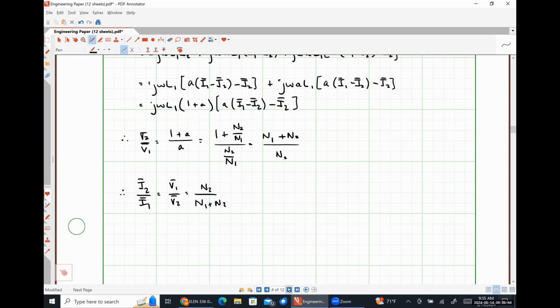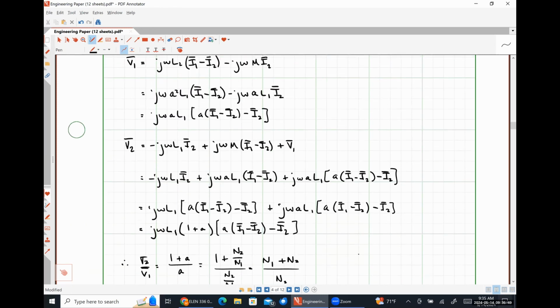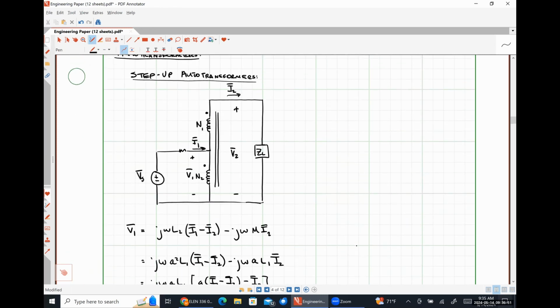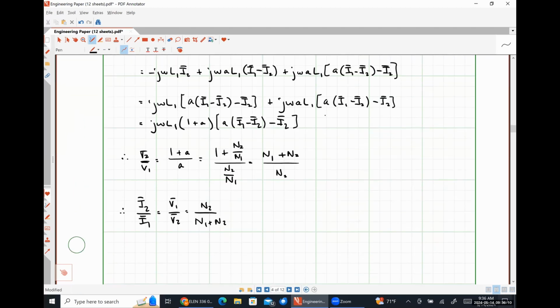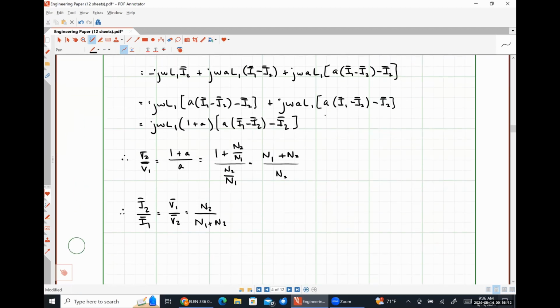Now let's say that we had a step down auto transformer. It's effectively the exact same thing that we have right here, except that we're going to replace VS with ZL and vice versa, right? Everything else is literally the exact same thing. Yes, the ratio of the currents should be the inverse of the ratio of the voltages because the power has to be constant.